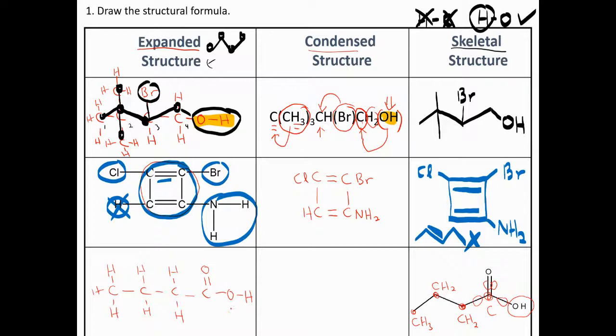Now how to draw the condensed? If we see one by one, it will be CH3, CH2, another CH2, and then COOH. But this is not the correct condensed structure yet because we have 2 repeating CH2. So we can put it into a bracket, (CH2)2, because we have 2 CH2, then COOH.